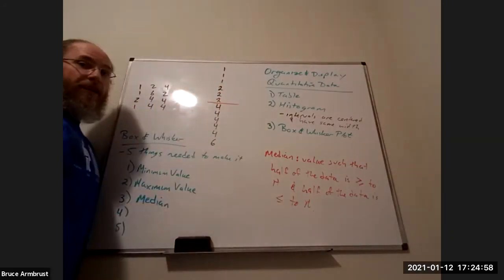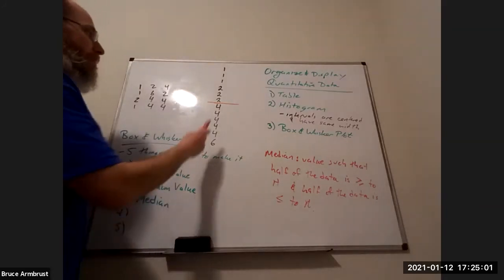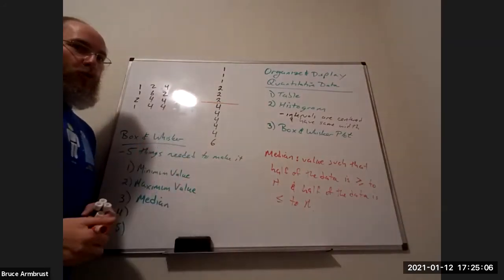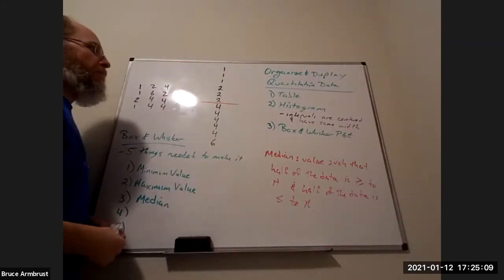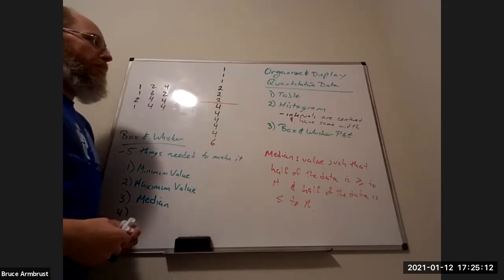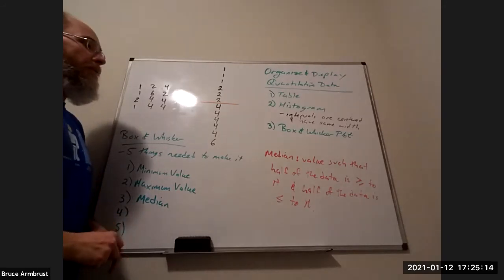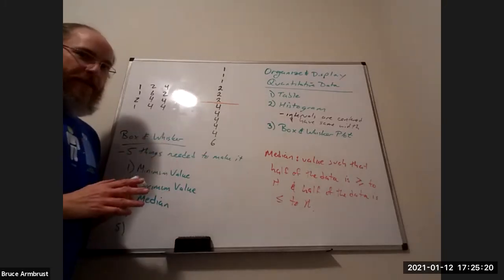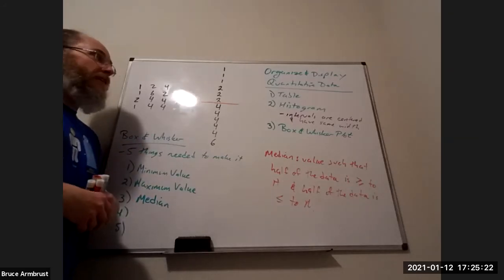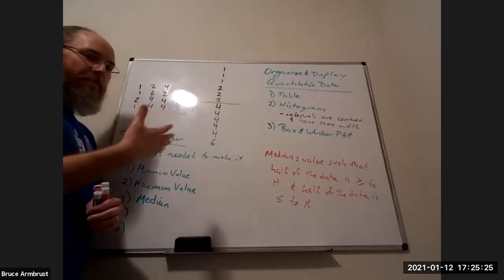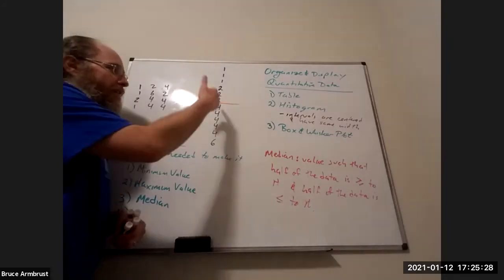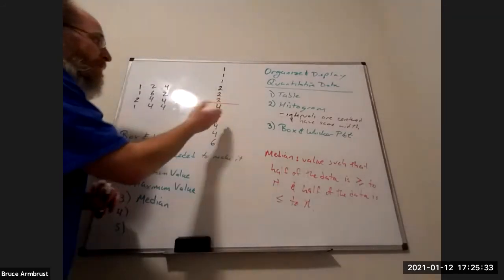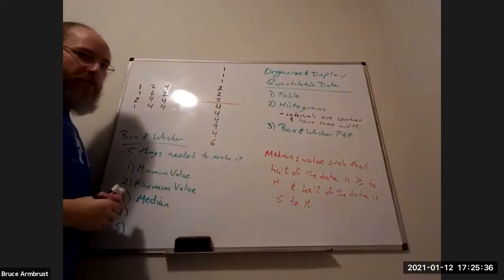And I'm just going to put a line right here. You see that orange line? That's where we split the data into 2. So the median is right there. Now, how you get the median depends on whether or not that middle lands on one of our data points. If you look at this, the middle does not land on a data point.